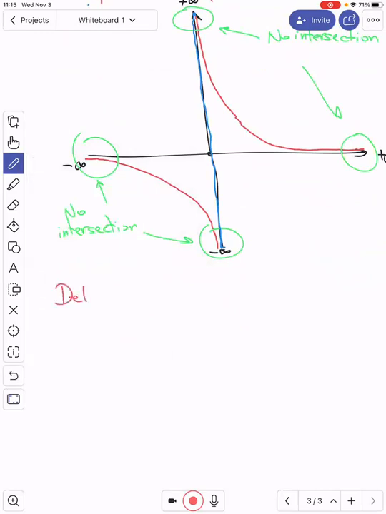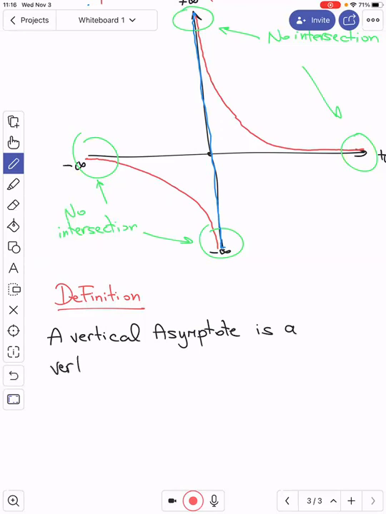Definition. A vertical asymptote is a vertical line, okay?